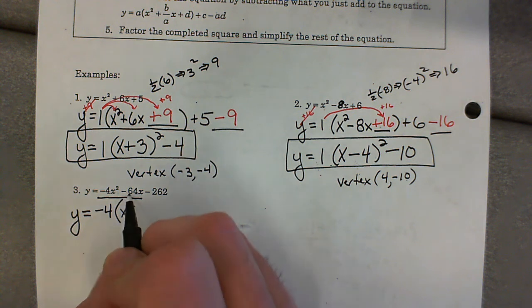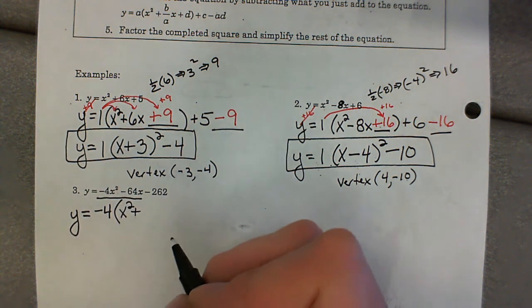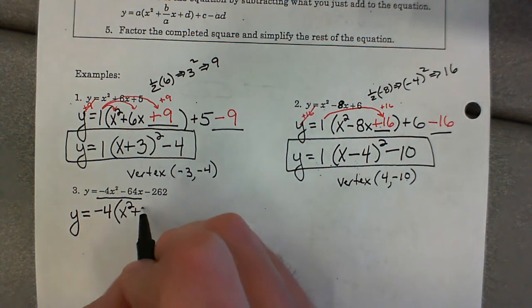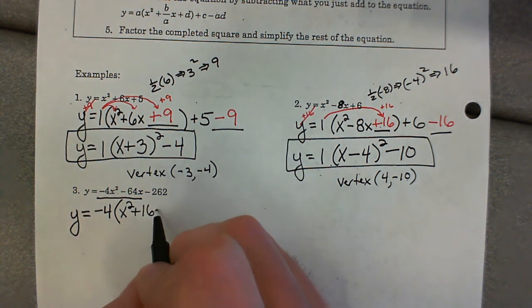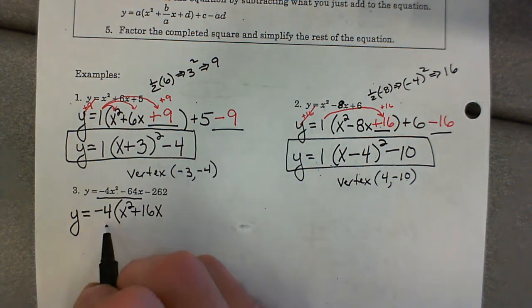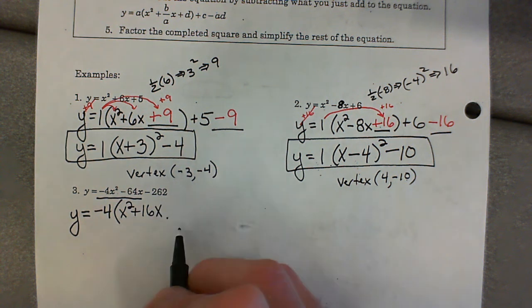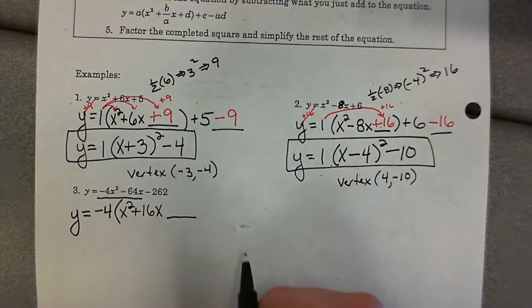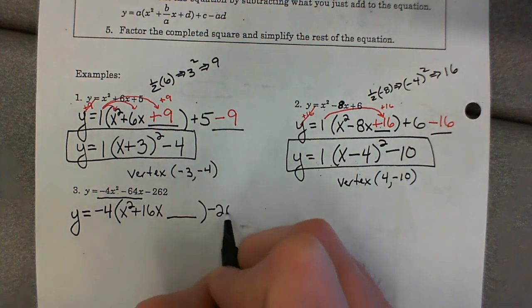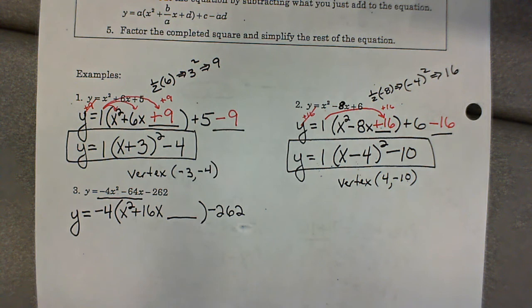Well, -4 and then -64 goes in, I believe that is 16 times. So that's positive 16x. Okay. And then we're not going to pull it out of this term because that's not part of our perfect square trinomial, so we're going to leave a gap. We're going to close our parenthesis, and we're going to write the -262 on the outside.